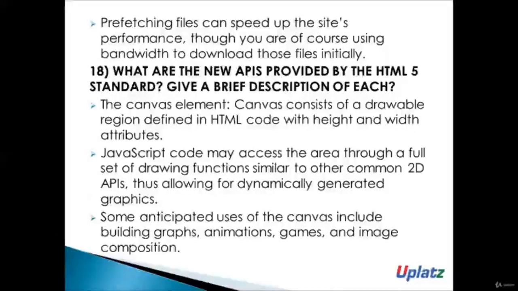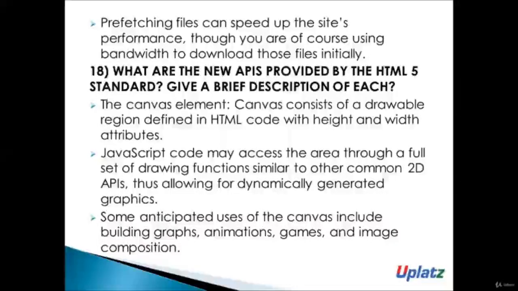So next is, what are the new APIs provided by the HTML5 standard? I have given a brief explanation of that. The canvas consists of a drawable region defined in HTML code with height and width attributes. JavaScript code may access the area through a full set of drawing functions similar to other 2D APIs.